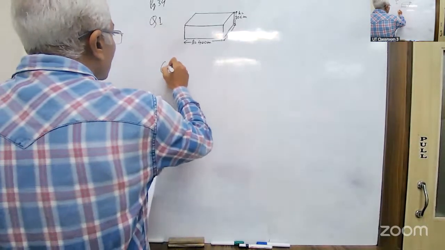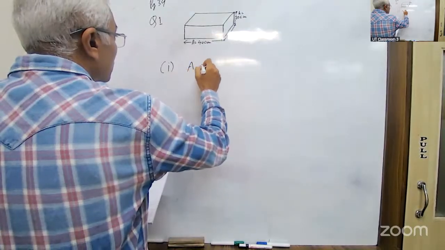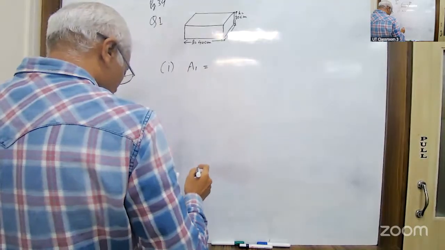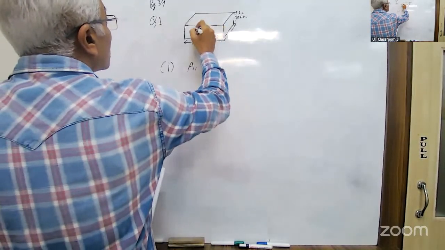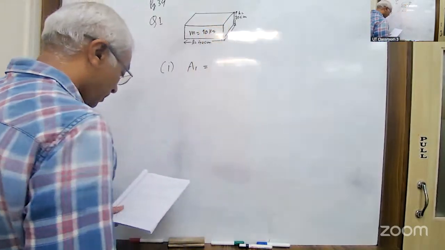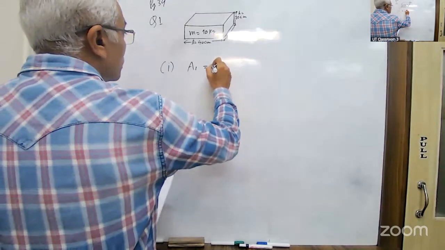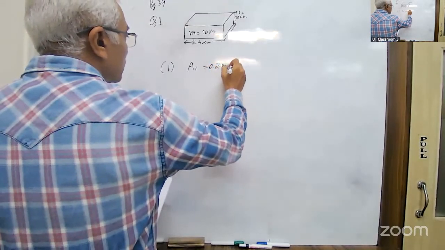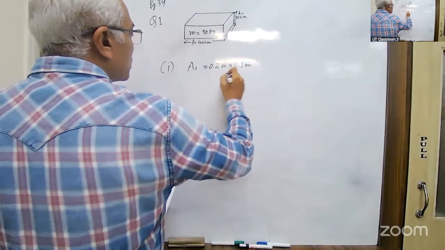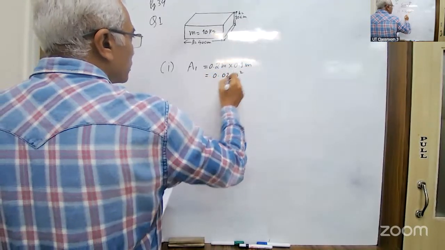So case 1. What is the area? The area is 20 into 10, and the mass of this is given as 10 kg. So it is 0.2 meter into 0.1 meter. So this is 0.02 meter square.